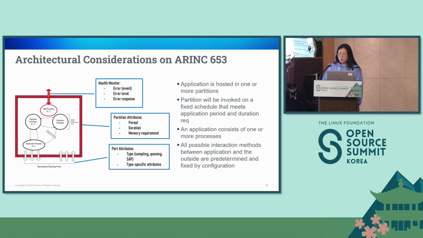And then the health monitoring process will check the health within our partition and report or log it to the outside. The configuration will be in written code or in a configuration table as an XML type. So all configurations are fixed at build time for determinism.